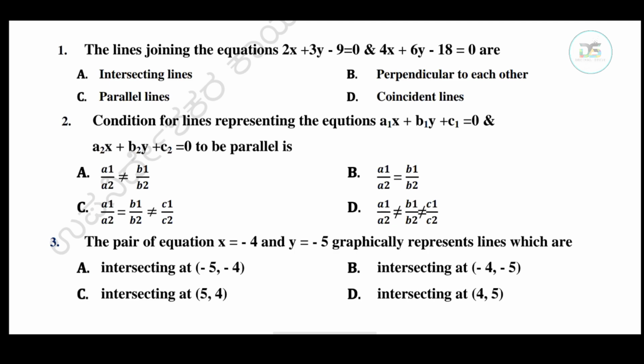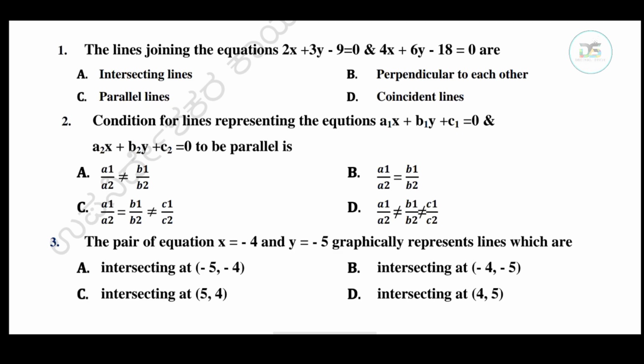Next question. Condition for lines representing the equations a1x plus b1y plus c1 is equals to 0 and a2x plus b2y plus c2 is equals to 0 to be parallel is.